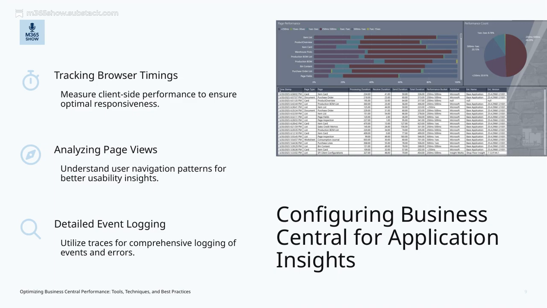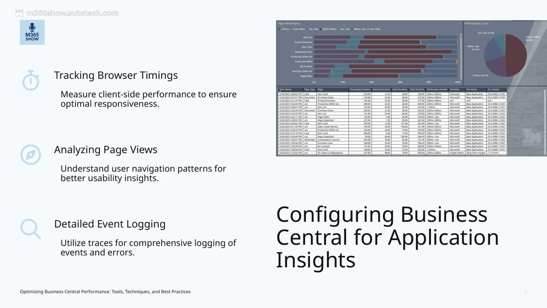Moving on to analyzing page views, this helps us understand user navigation patterns. Knowing how users move through the system provides insights into usability and can highlight areas where we might improve the flow or reduce friction. Lastly, detailed event logging is about utilizing traces to capture comprehensive logs of events and errors.